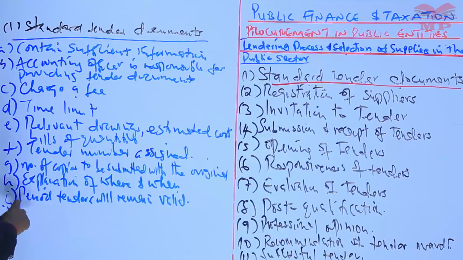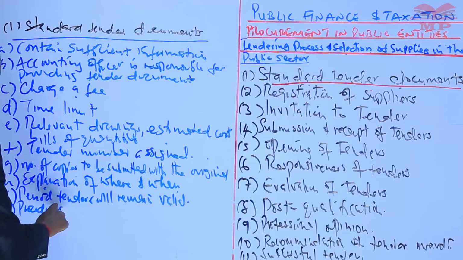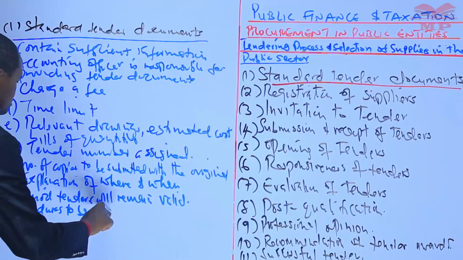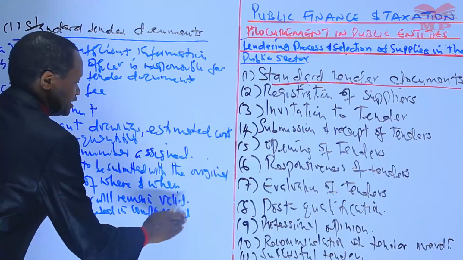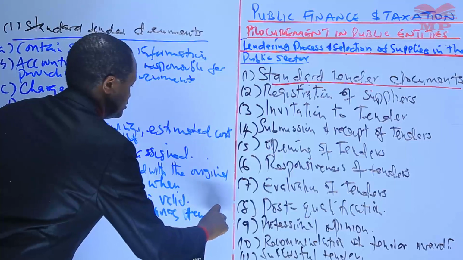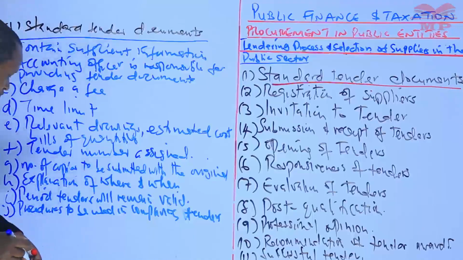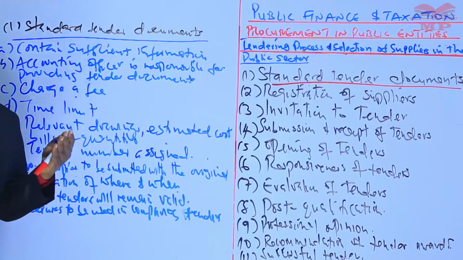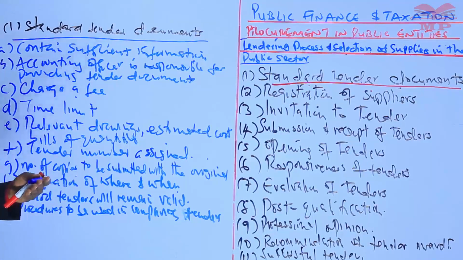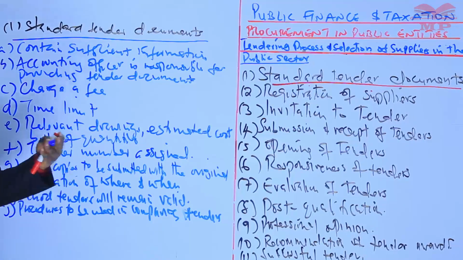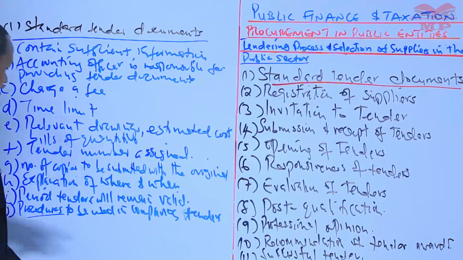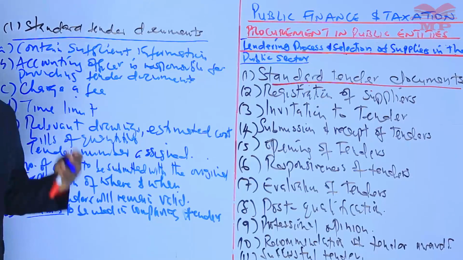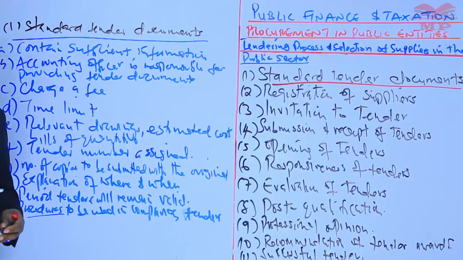Procedure to be used in comparing tenders should also be clear. What proceedings? There ought to be a statement in regard to the procedures that will be used in comparing tenders.